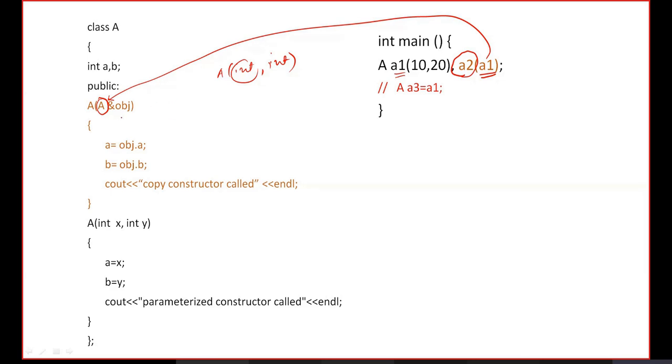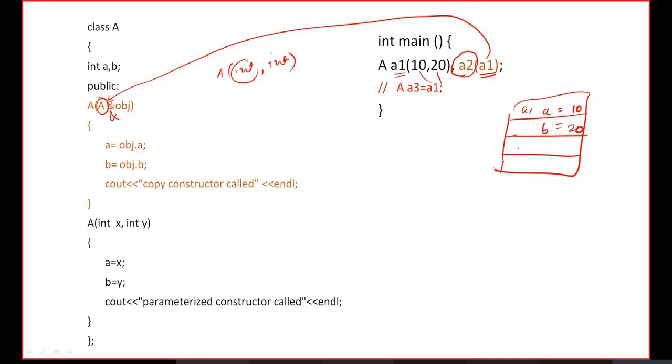Again, we had discussed in depth why this ampersand is required, but I'm repeating it again. In memory, object A1 is created with its own A and B. These are data members. A is initialized with 10 and B is initialized with 20 from the two parameters.